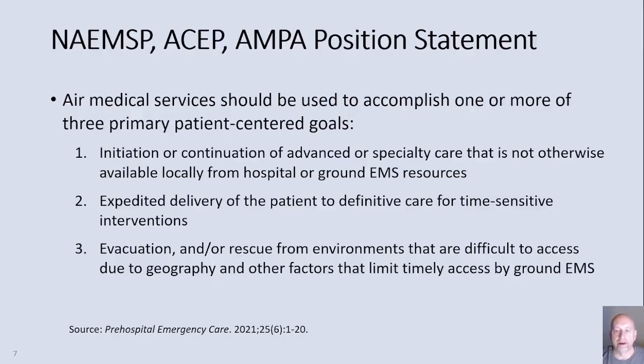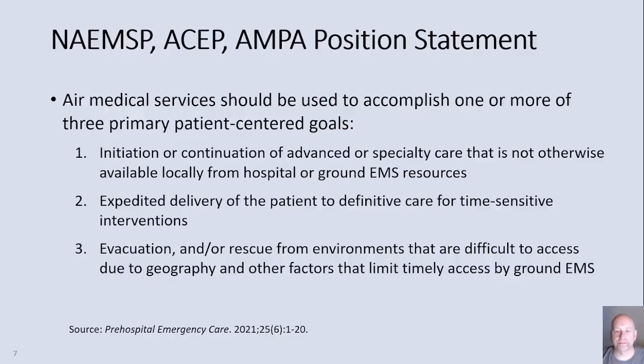Number one, initiation or continuation of advanced or specialty care that is not otherwise available locally from hospital or ground EMS resources. Number two, expedited delivery of the patient to definitive care for time-sensitive interventions. And or number three, extraction, evacuation, and or rescue from environments that are difficult to access due to geography, weather conditions, remote locations, distance, and other factors that might limit timely access to the patient or timely transport by ground EMS.